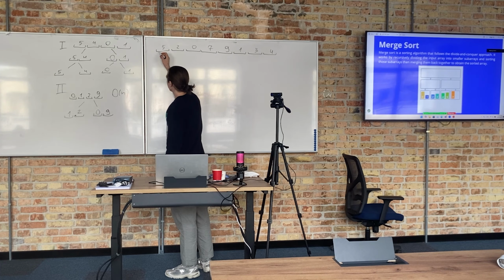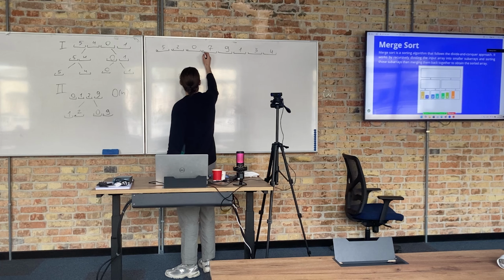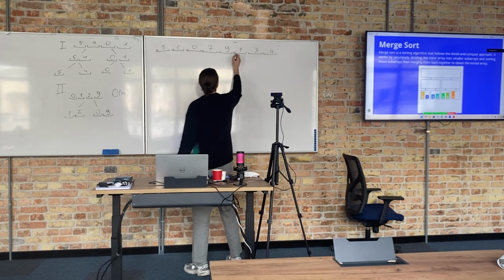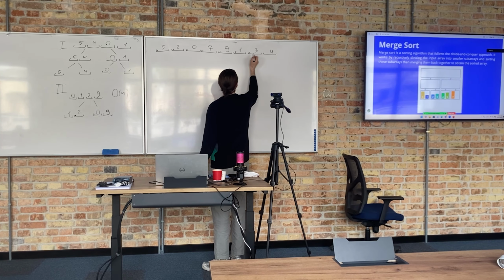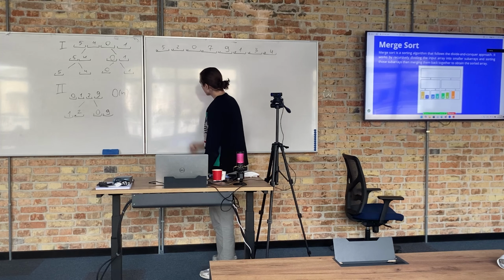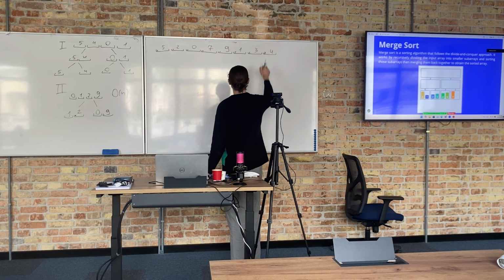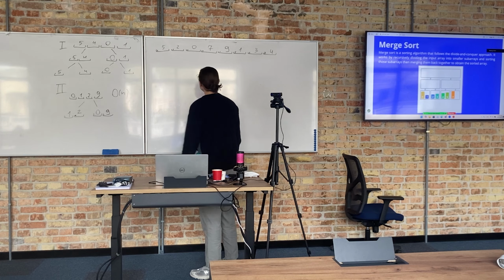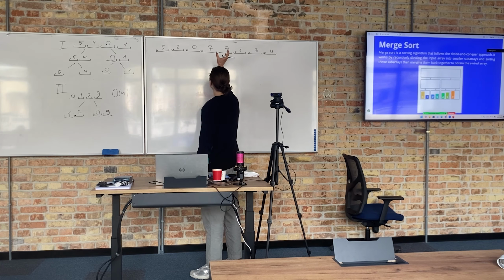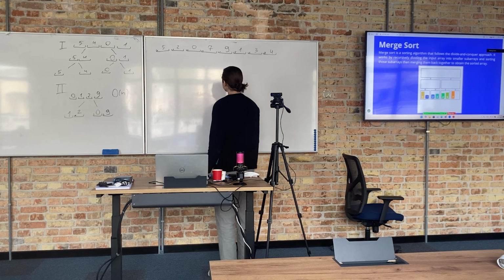In this situation, let's give them indexes. Left is 0, right is length minus 1, which is 7, and we find our middle element.